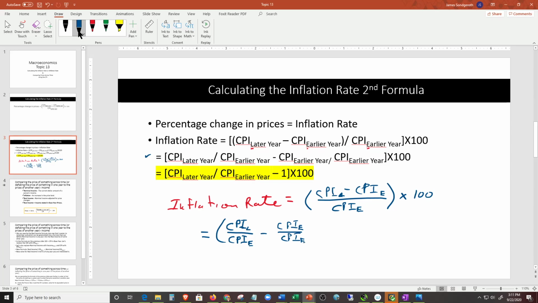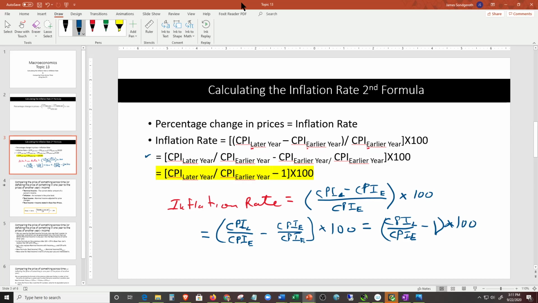So this is a common denominator now, times 100. And we can rewrite this really as the CPI in the later year divided by the CPI in the earlier year minus 1 times 100.